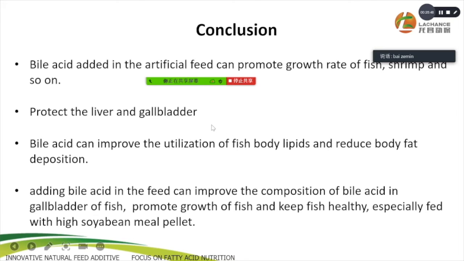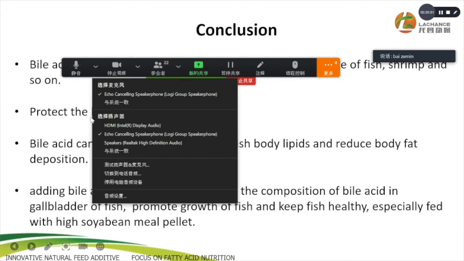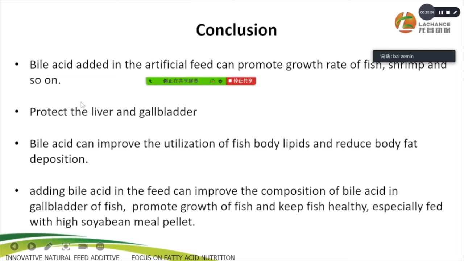And let me do a short conclusion. Bile acid added in the artificial feed can promote the growth rate of fish, shrimp, and even crab. Of course, definitely it will protect the liver and gallbladder of fish. Bile acid can improve the utilization of lipid in the feed, reduce body fat deposition, and we have trials on this part.